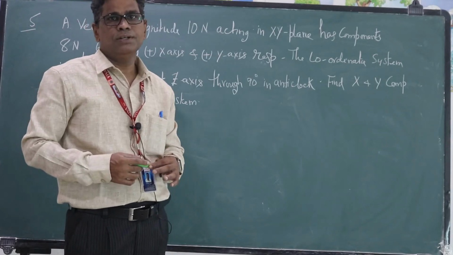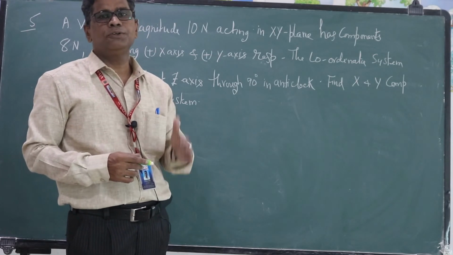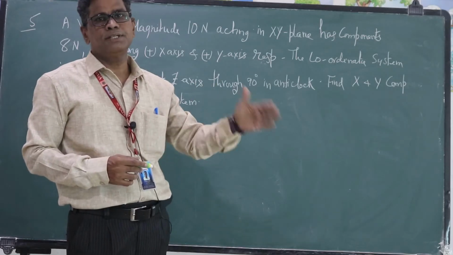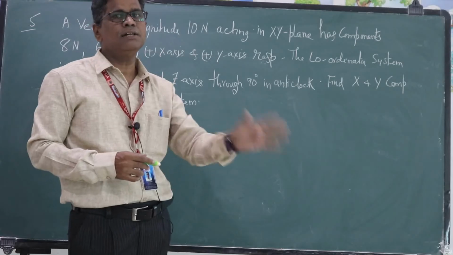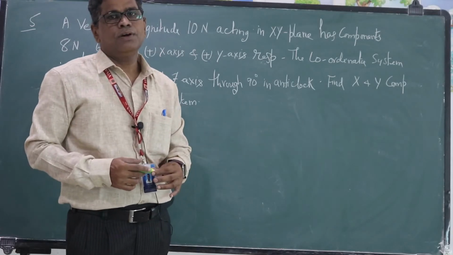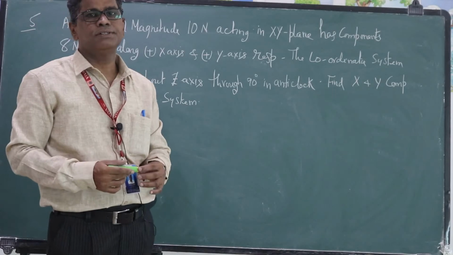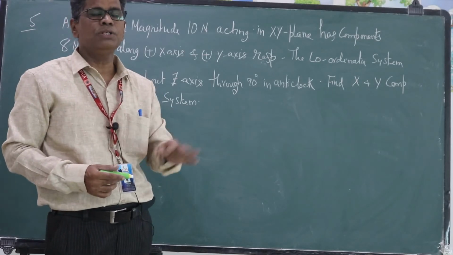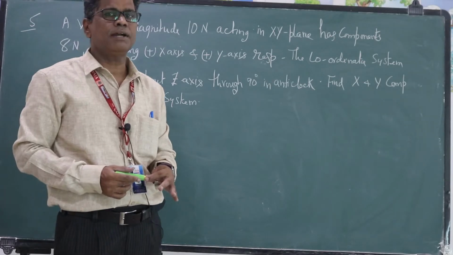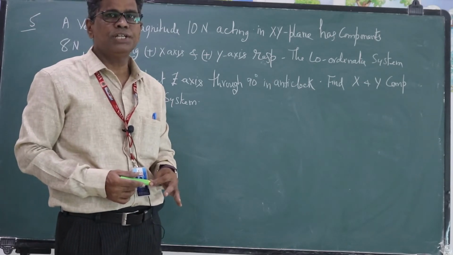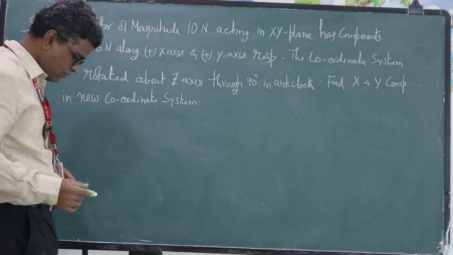If you rotate by multiples of 2 pi, like 2 pi, 4 pi, 6 pi, it won't change in both magnitude and direction. But if the coordinate system is rotated, the vector's magnitude and direction won't change, but the components will change. Let us see how.